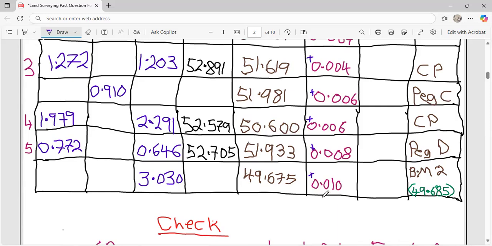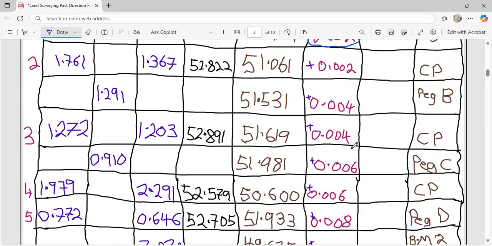If there was a next column, I would have recorded this twice, because two readings were taken over here. So the 0.010 must be recorded twice. But because there is no other row, it has been left in that form. I hope it has been clarified.